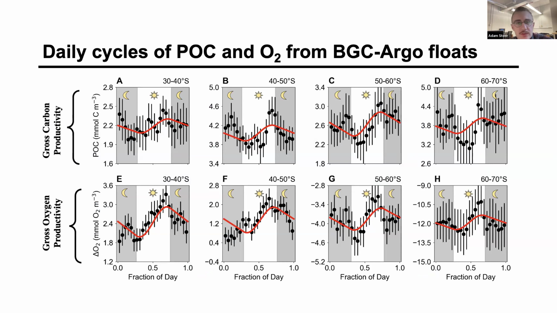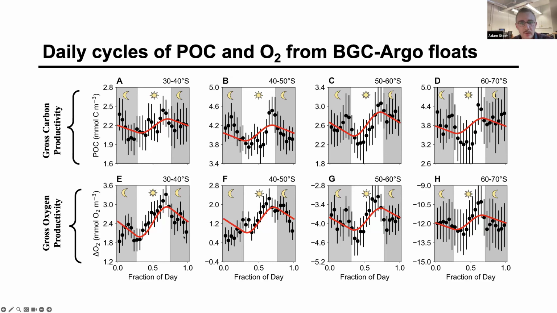From that variation throughout the day, we can fit a model, which basically smooths out a lot of this noise, or biases, and we can get an estimate of gross carbon production and gross oxygen production from daily cycles taken at different latitudes and at different depths. And then we can go back and estimate net primary production from those values.